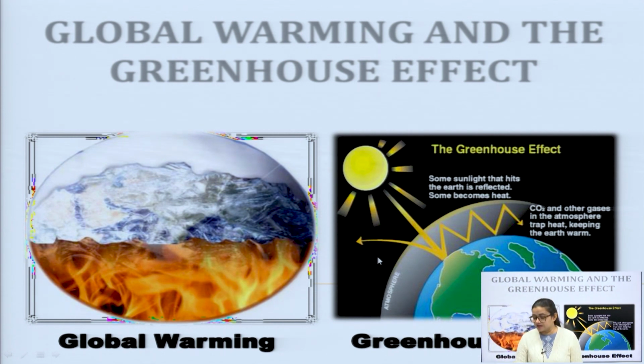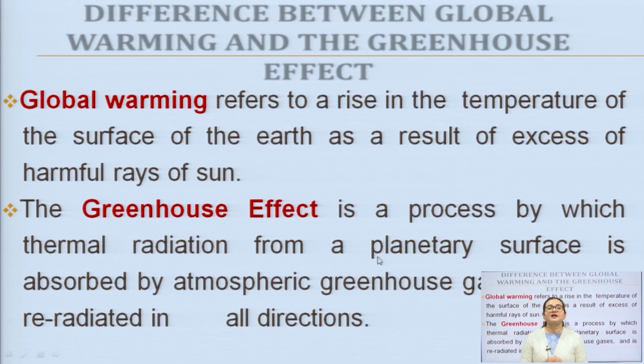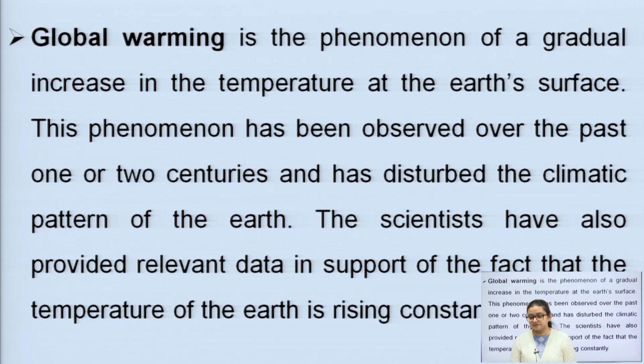It does not get reverted back, leading to an excessively high temperature of earth. That is called global warming, and the greenhouse effect is a process by which thermal radiation from a planetary surface is absorbed by the atmospheric greenhouse gases and re-radiated in all directions.